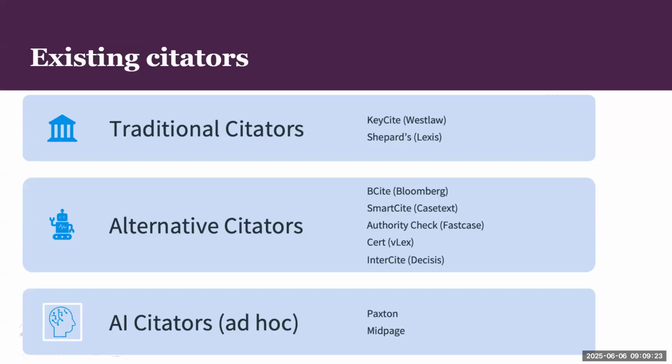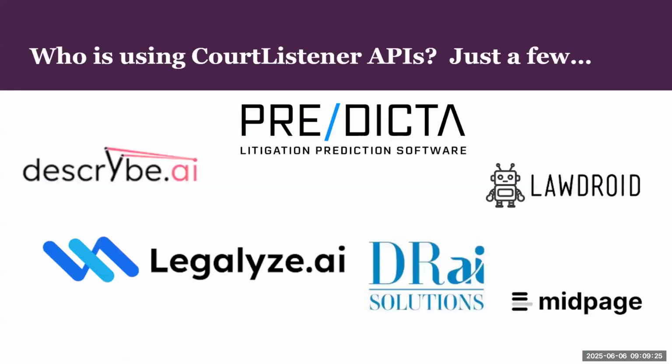Like, could I just use Describe? It's free. Or could I use Casetext back in the day? Or can I use Paxton or whatever? I'll always say yes, but be careful to still cite check your cases and use a real citator. That's what I always said.